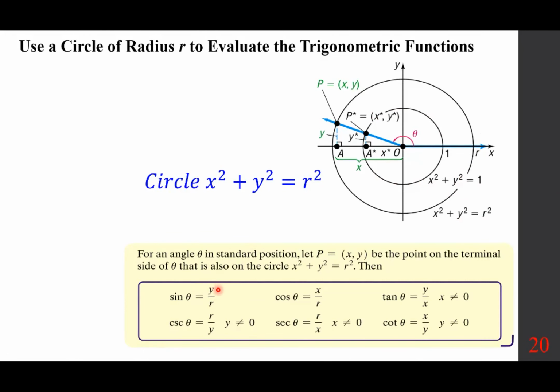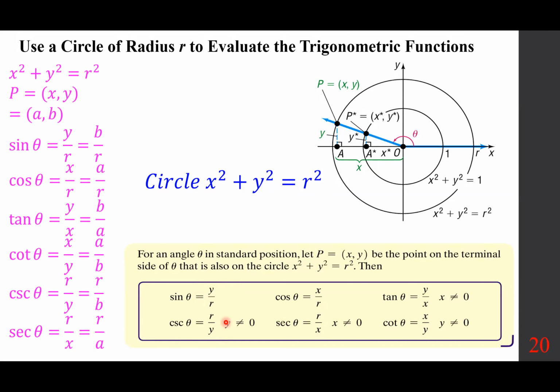So we have to divide y by r. Cosine theta, we have to divide x by r. Tan theta doesn't change. Cotangent theta doesn't change. Now, if you look at the reciprocal concept, from the point of view of y over r being sine, cosecant becomes r over y, so on and so forth. So x squared plus y squared is no longer 1, it's r squared.